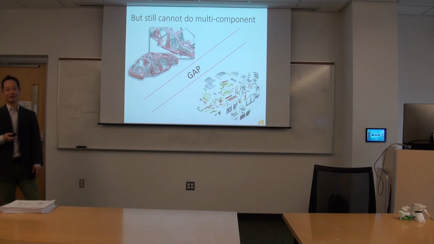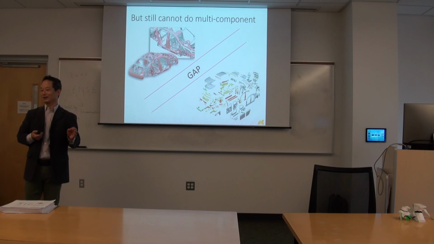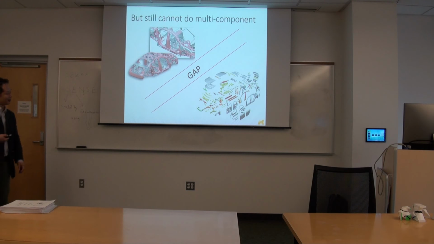The gap I want to fill during this talk is between this, the state of the art of topology optimization using commercial software, and what you see in the real world. The things in the real world are not one piece, basically.